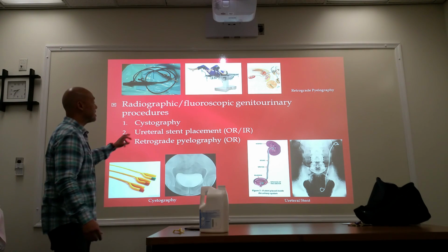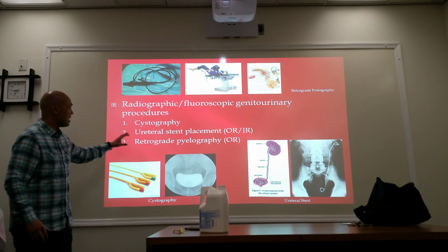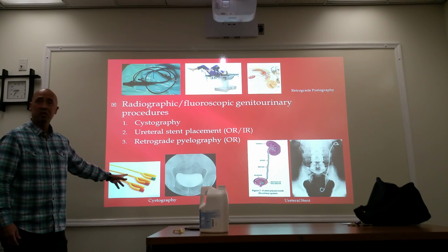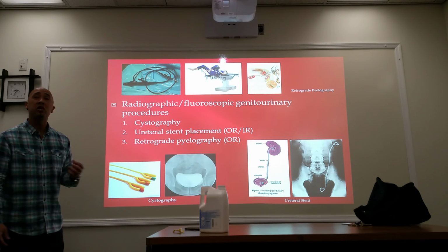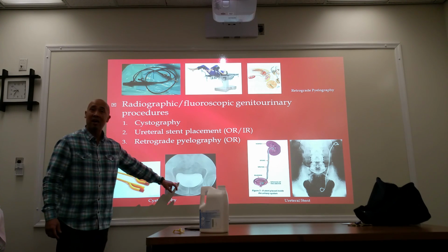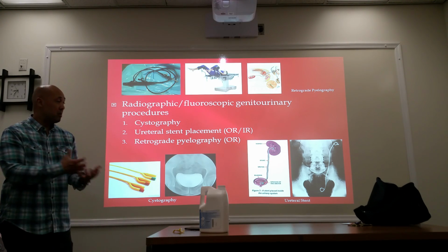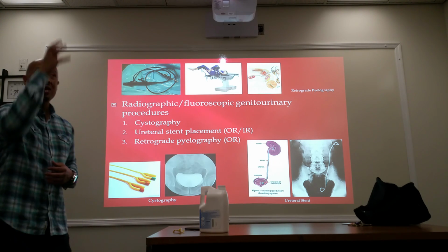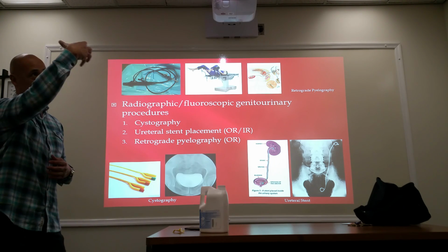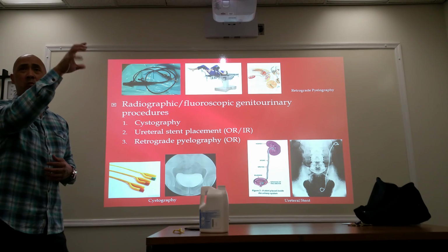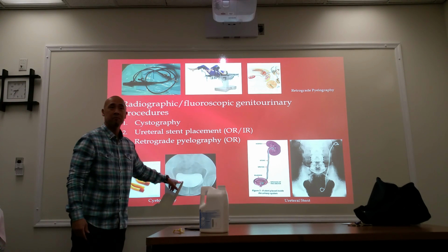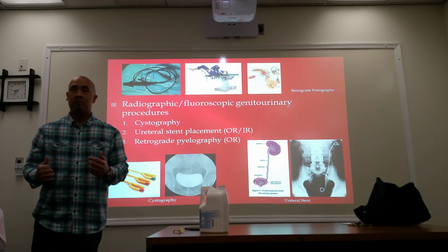The first one here is a cystogram, or cystography. We'll place one of these rubber silicone catheters into the urethra and into the bladder, and then at the one end, we will connect it to a syringe or maybe a bottle, and we will bolus the contrast into the bladder, and then we start taking pictures in different positions.